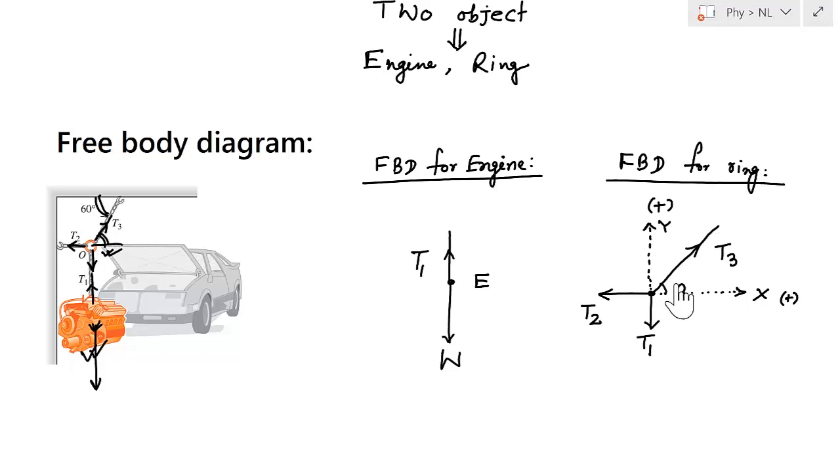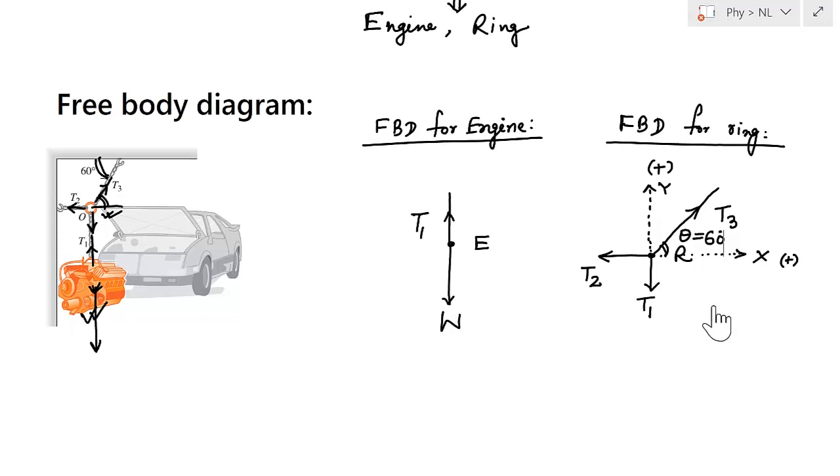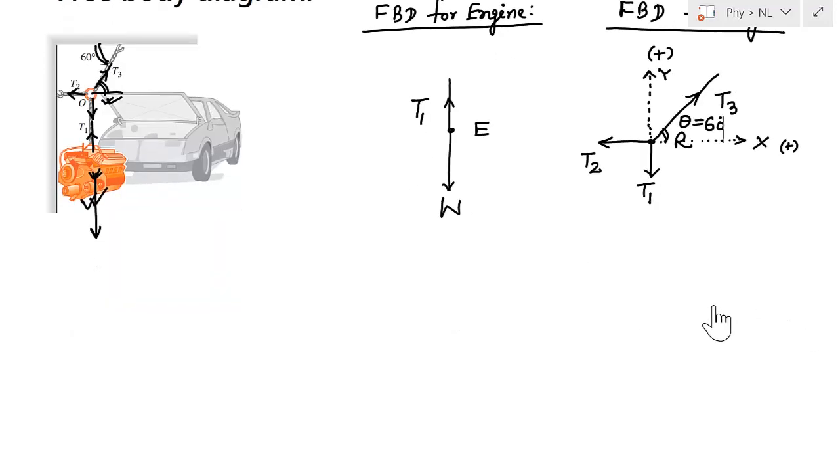So we can show this angle as theta, and theta equals 60 degrees. Now these two objects are in equilibrium, so we can apply Newton's first law and write equilibrium equations for these two objects. First we can consider the equilibrium of the engine.